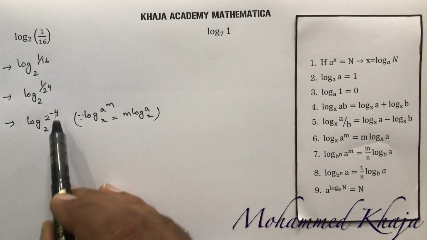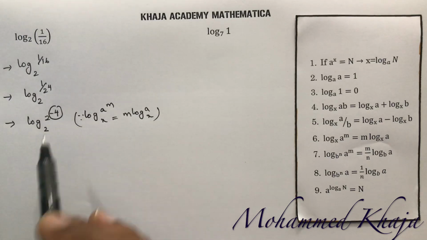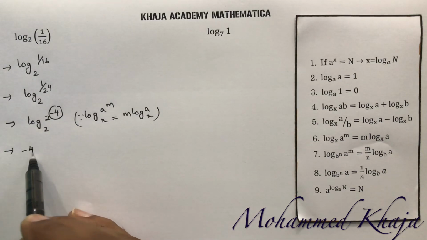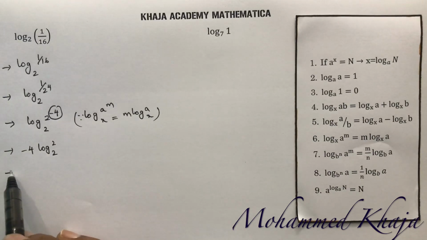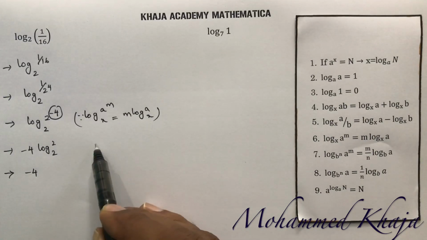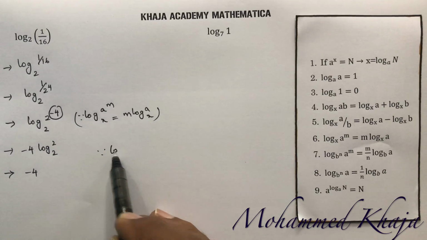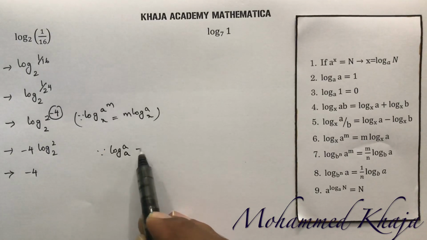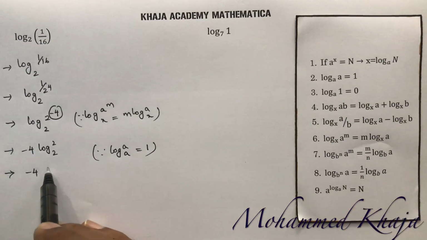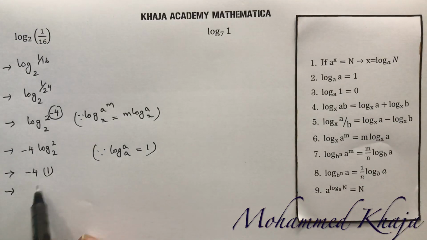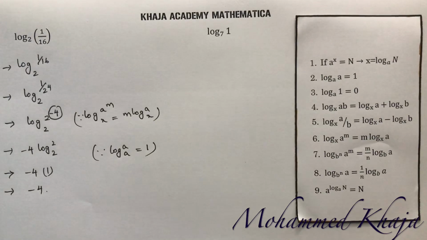So here in place of m we have minus 4. So minus 4 log 2 to the base 2. Again the logarithm of a number to the same base is 1, this formula. So minus 4 into 1 is minus 4.